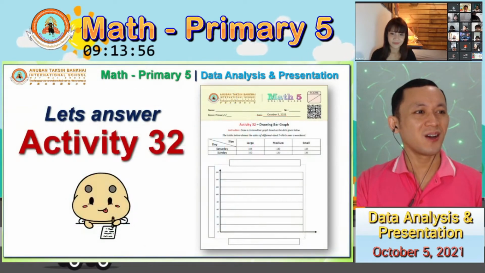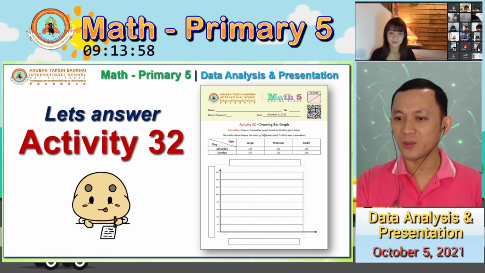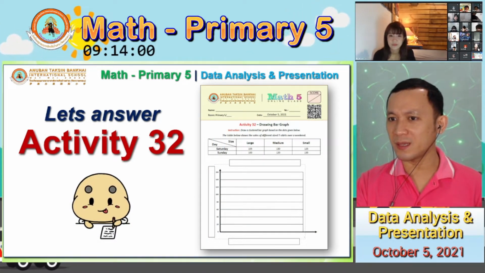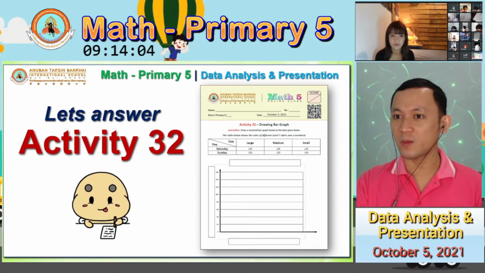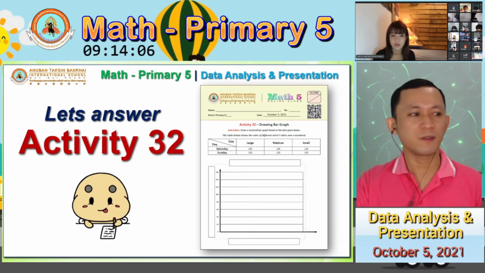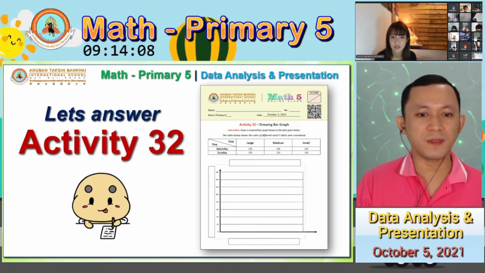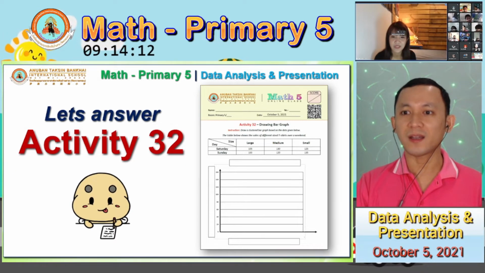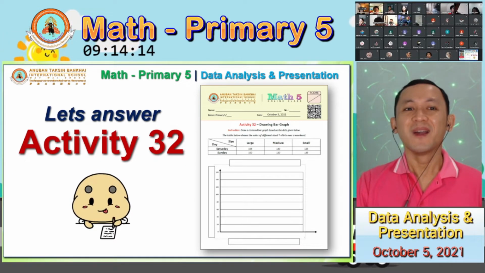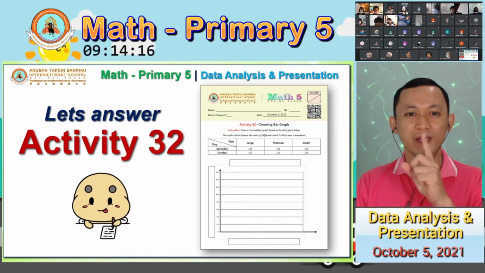Okay, so now we still have about 20 minutes. Let's make your bar graph. Everybody please get your paper, activity number 32. Please have your ruler, don't draw by hand.